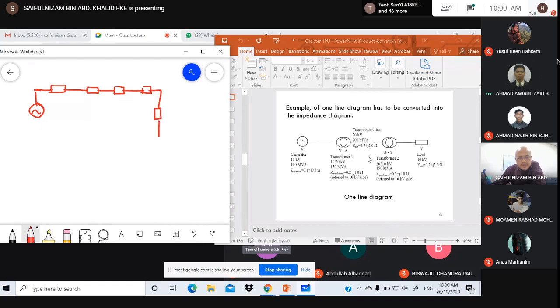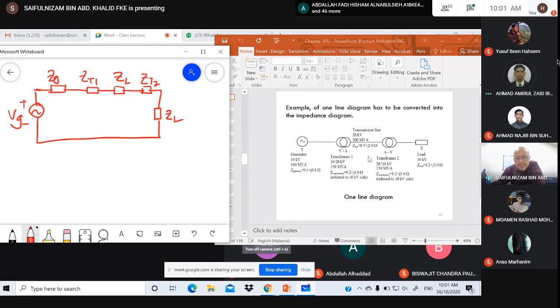It's simple. This is the reactance diagram. This is VG, this is ZG, this is Z T1, Z line, Z T2, and this is Z load. Any question in drawing the reactance diagram?